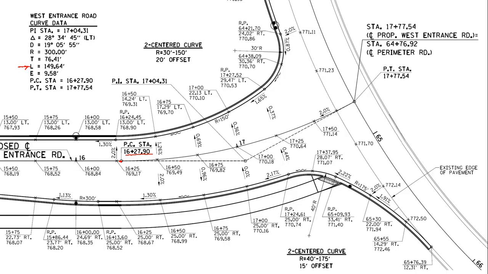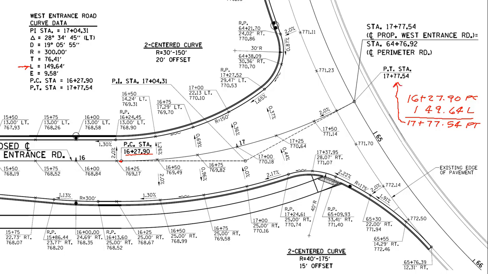So if I take 16 plus 27.90, which is my PC, and I add 149.64, which is my length, that's going to give me the station of my PT, or my ending point of my curve, and that's going to be station 17 plus 77.54, and that's our PT station, and you can see that that's where that number comes from then.